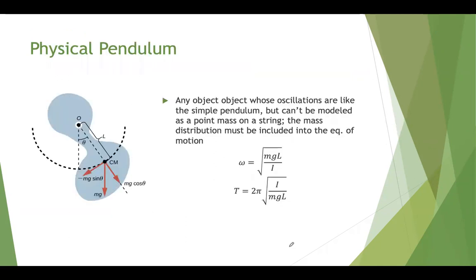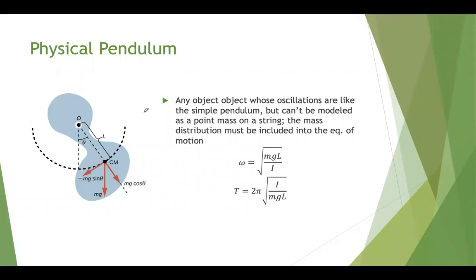All right, now that was a simple pendulum. Well, what if we have a physical pendulum? This is going to be any object whose oscillations are like the simple pendulum, but can't be modeled as a point mass on a string. So there is some sort of mass distribution that has to be included in the equation of motion.